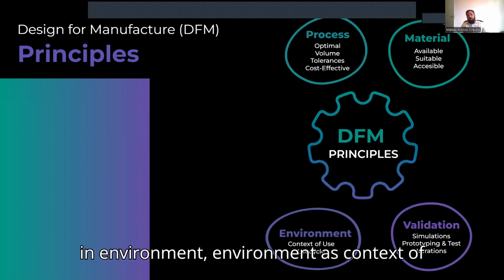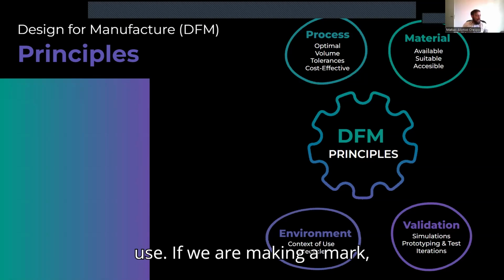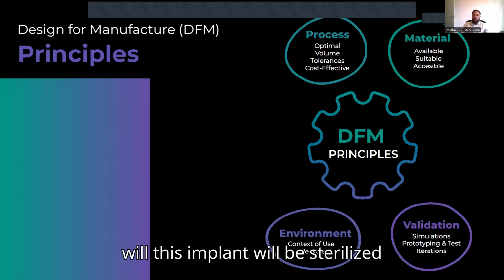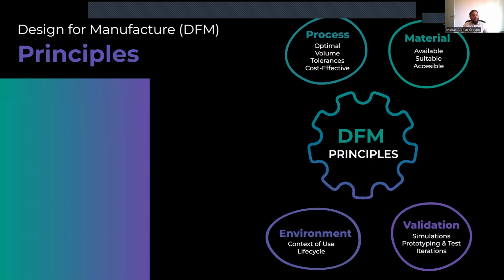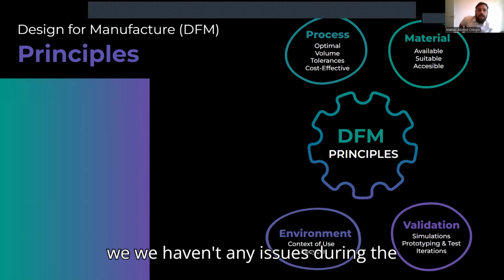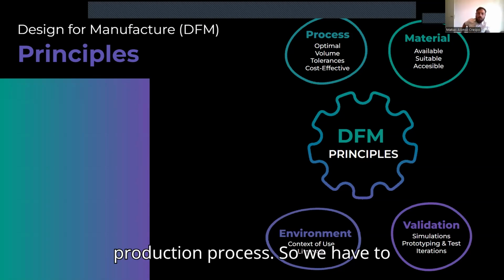We have to think of the environment as the context of use. If we are making a mark on a device, it has to be legible in a context with corporal fluids on it. We have to think about all the situations it will be passing through. This implant will be sterilized, so the material has to follow these rules, so we don't have any issues during the production process.